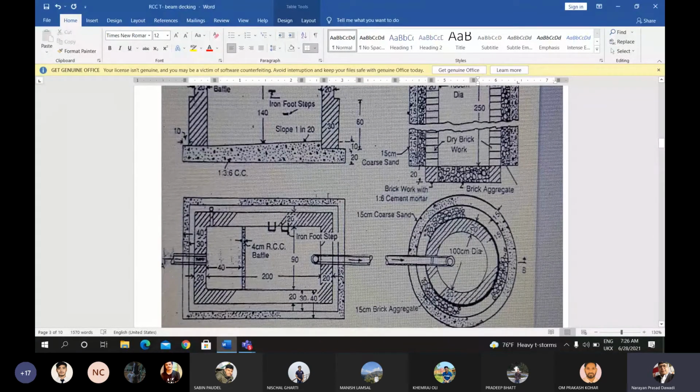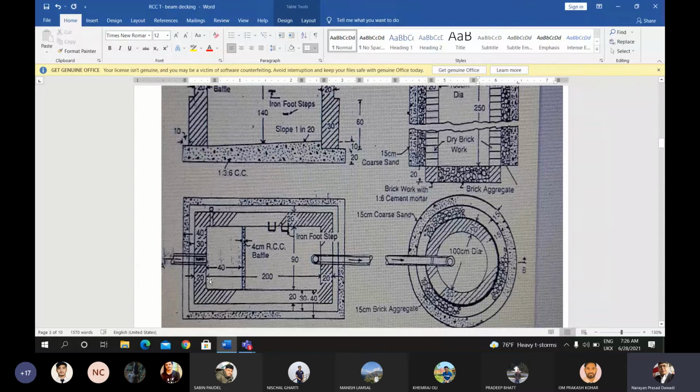You can see here for the excavation we have to calculate the length of the trench and the width of the trench. For the length and width of the trench, consider the plan.